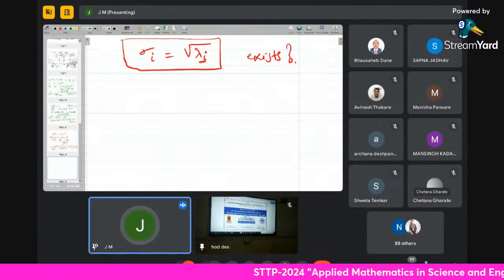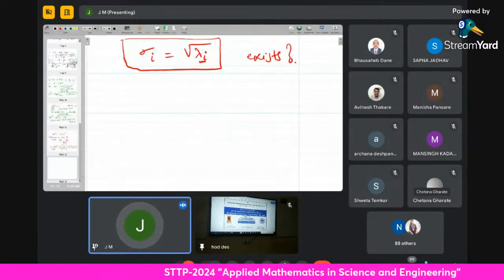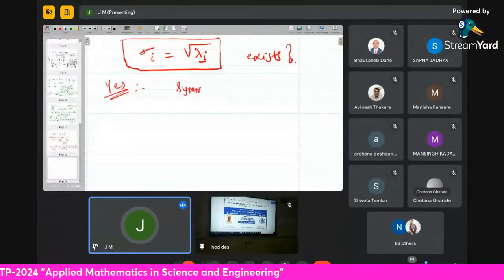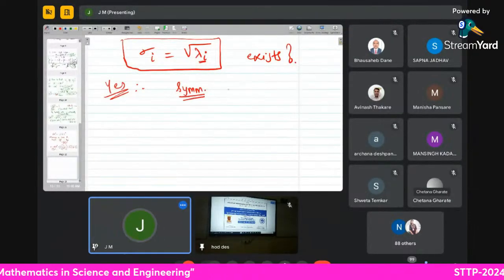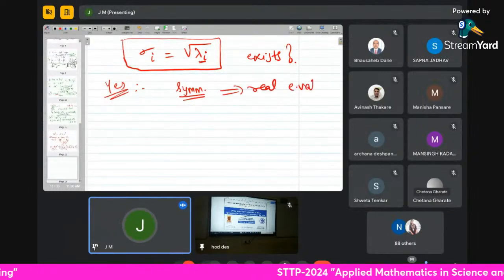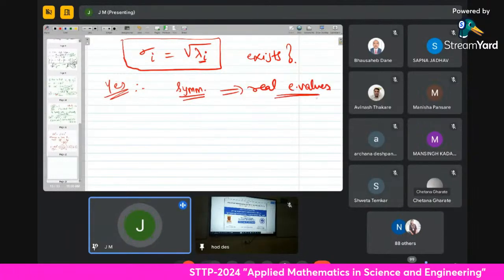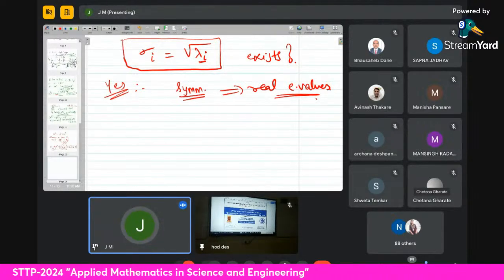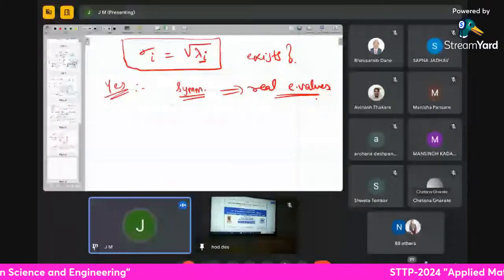Answer is yes. Why? Because by a theorem, symmetric matrices have real eigenvalues. The proof is very easy and important as well. Because of this, this is non-negative, and therefore my sigma i's are always greater than or equal to 0.